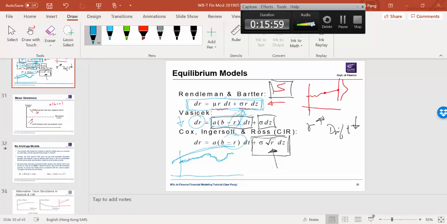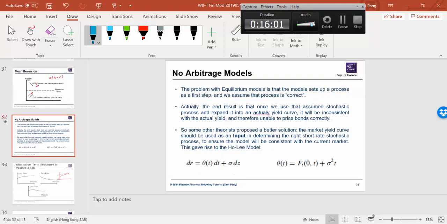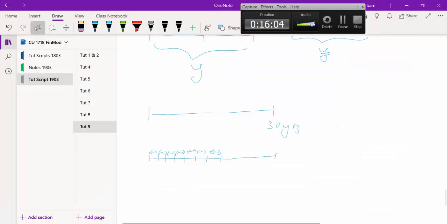Now, so what are they doing with the no arbitrage models? As I said, they don't try to guess where the short rate will go from one moment to the next. Can you imagine trying to do that all the way up to 30 years, regardless of what model you have? What they do instead is take a yield curve and look at what the actual forward rates are, one after another.